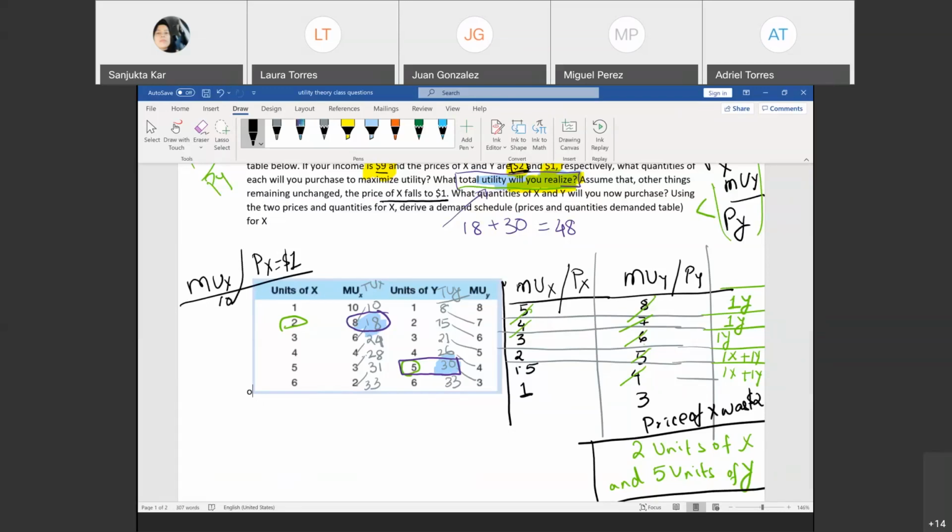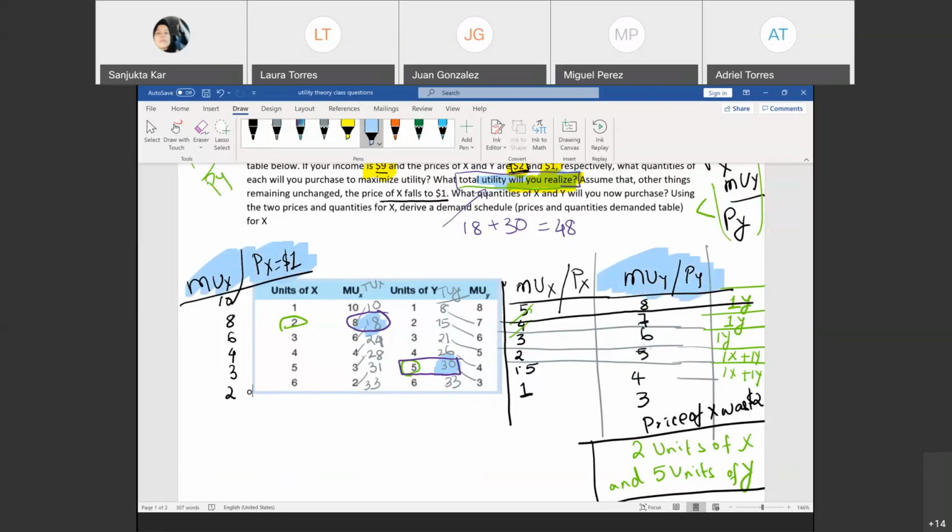Next one's 8. Next one is 6. After that, we have 4. Then we have 3. Then we have 2. So these are the numbers here. Now I want to compare with this. All right, then we had 8, 7, 6, 5, 4, and 3. I want to compare these ones with these ones now.